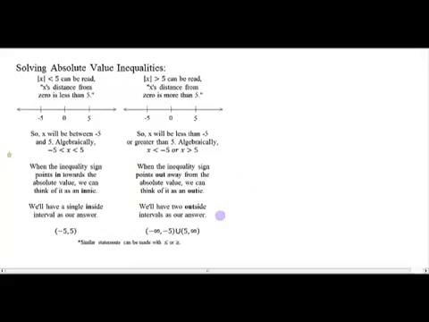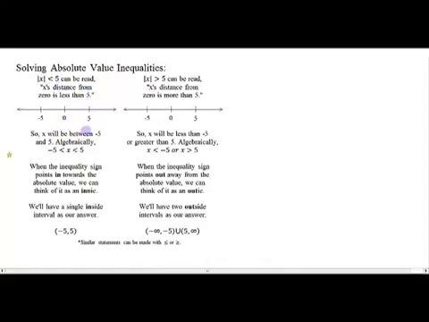With solving absolute value inequalities, we'll have two different kinds. First off, we'll have absolute value of x less than some number. We'll say 5 here for this example. And this can be read, x's distance from 0 is less than 5.